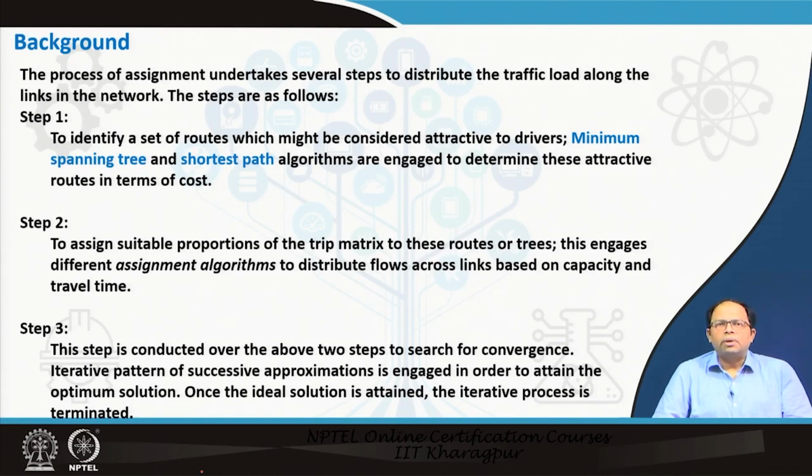After each iteration there are adjustments to the travel time along the link as well as the capacity, and so with each iteration we gradually come to a point where there is an optimum solution, or we can say that some amount of equilibrium is established. Once the ideal solution is attained, the iterative process is terminated, and this step is conducted over and above the two steps to search for convergence.